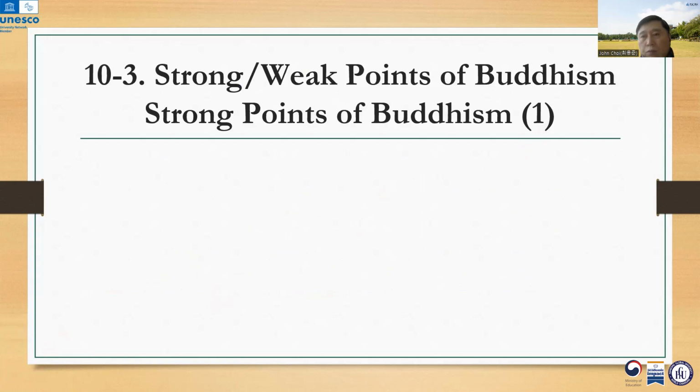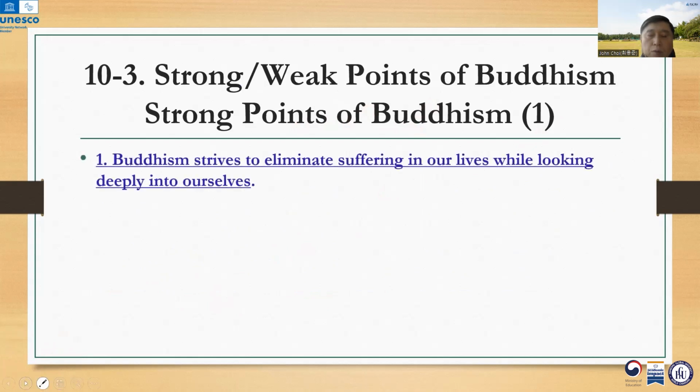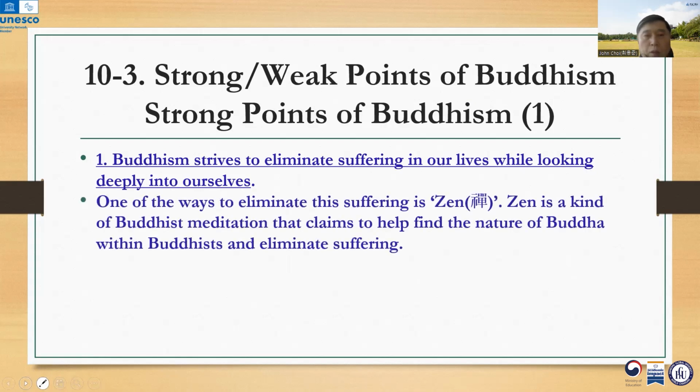Now, let me move on to explain the strong and weak points of Buddhism. First of all, Buddhism strives to eliminate suffering in our lives while looking deeply into ourselves. One of the ways to eliminate this suffering is Zen.